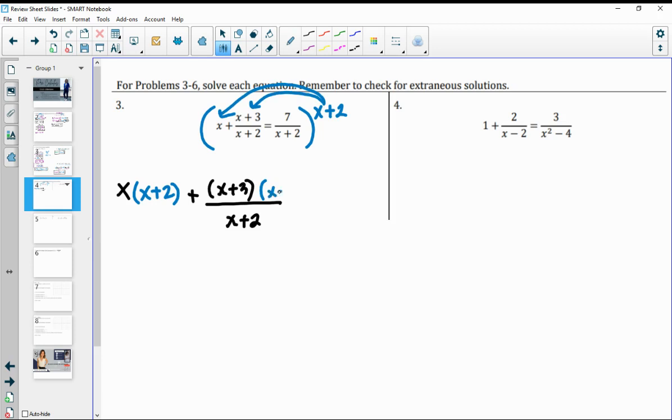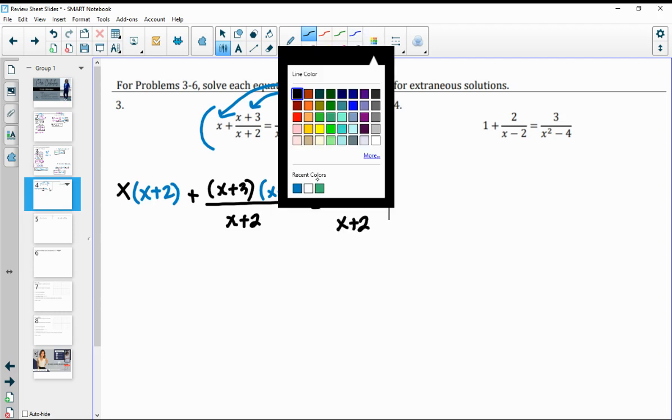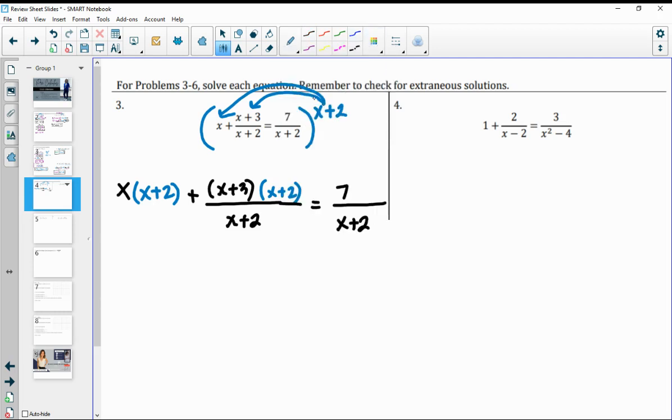And then we have the 7 over x plus 2. And we will multiply the x plus 2 into that as well. So you can see that I multiplied that into the original, so the original in black, and then I just multiplied in that x plus 2.